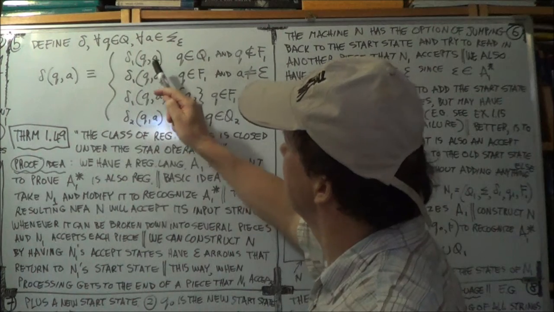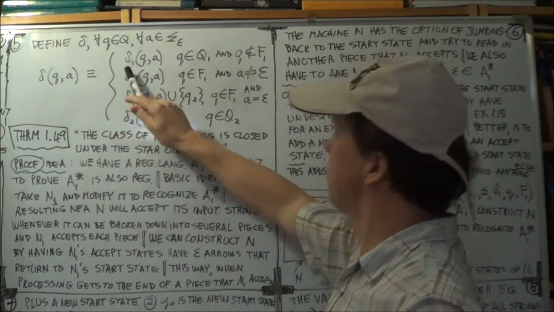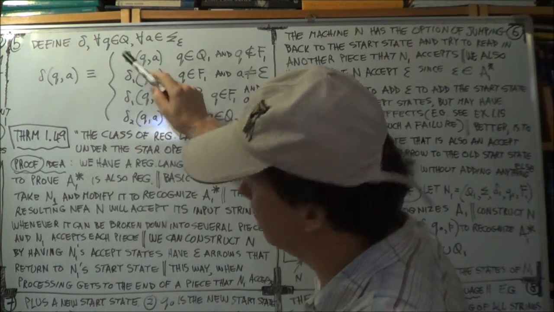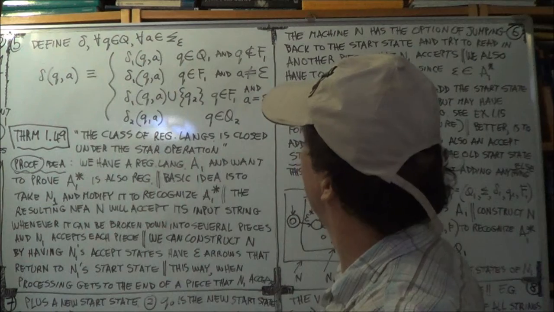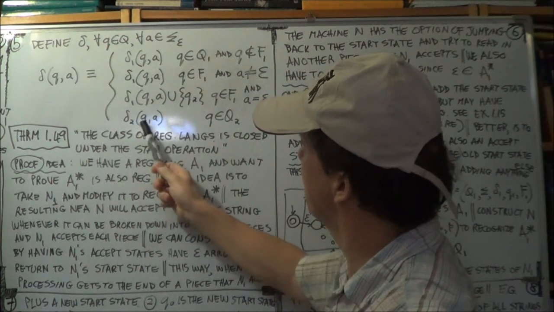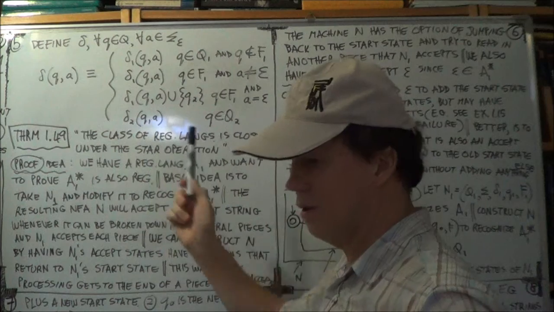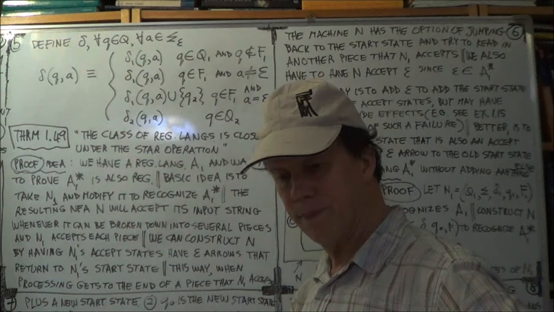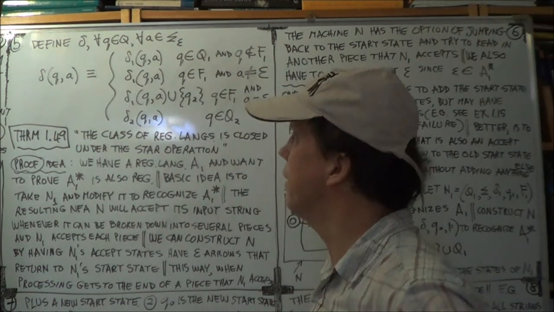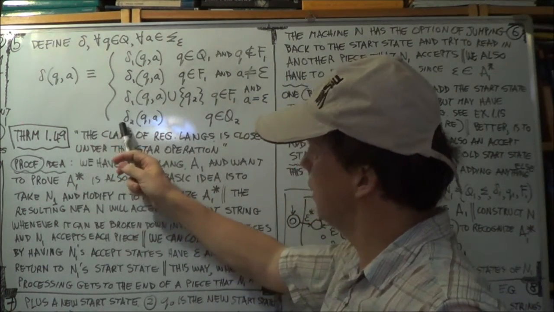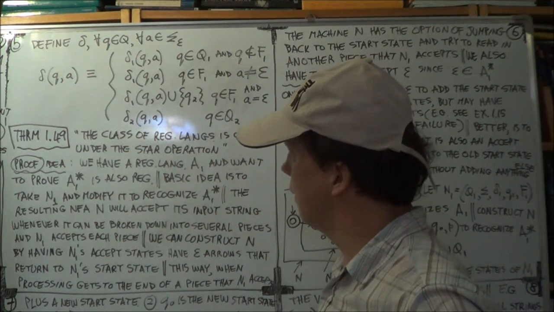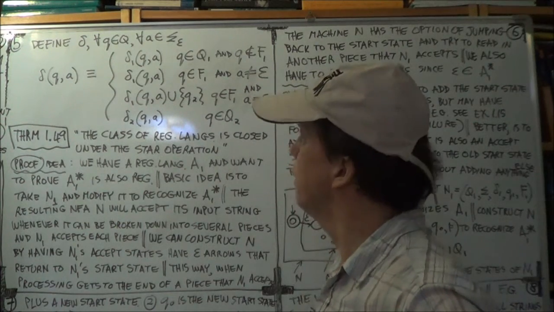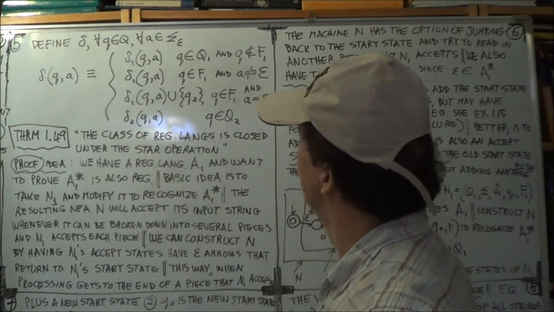So you would use the transition function from machine N1. And similar logic, if you're in machine N2 and you're in the process of hopefully accepting string y, you would use the transition function d2 for the machine N2. Okay? So those two sort of make sense.